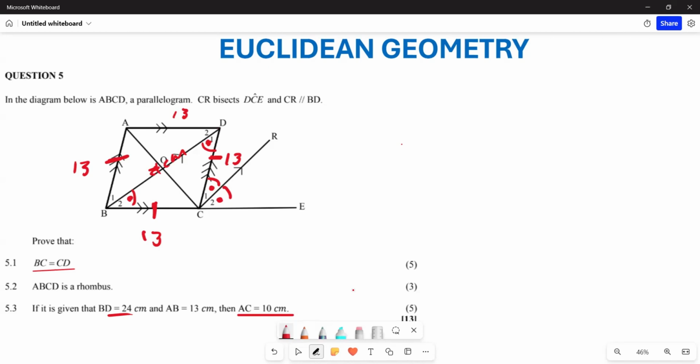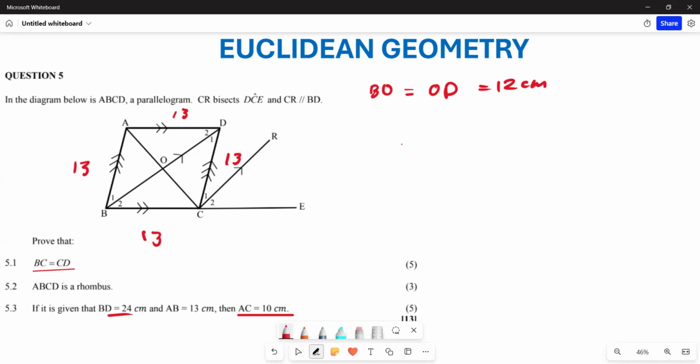Let's start here. Let me remove all these other things so that you can see properly, right? Now, I want you to understand that my BO is going to be equal to my OD, which is going to be 12 centimeters each, right?